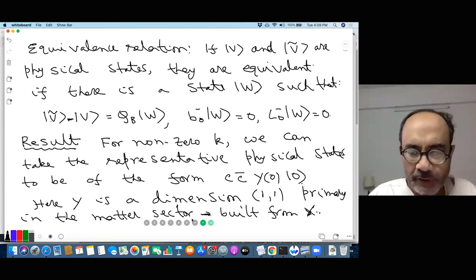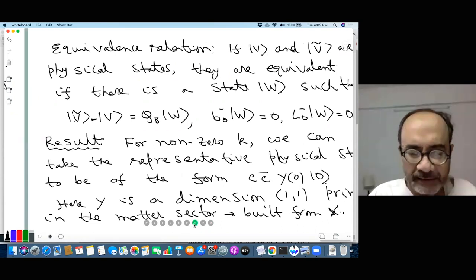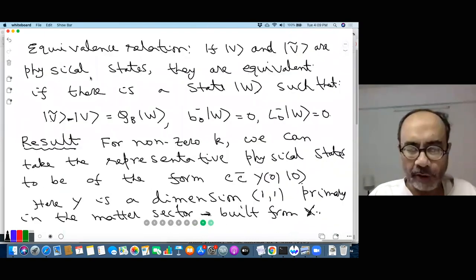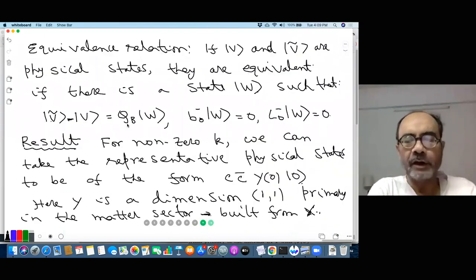But I should have also said that this equivalence is sometimes called a BRST cohomology. If you are familiar with the language of differential geometry, then you can think of QB as the d operator, which squares to 0. And you define the closed forms as ones which are annihilated by d, and exact forms are the ones which are of the form d on something. So that's the cohomology.